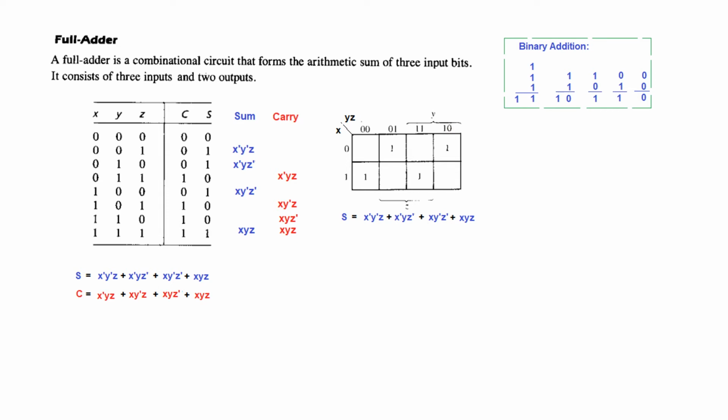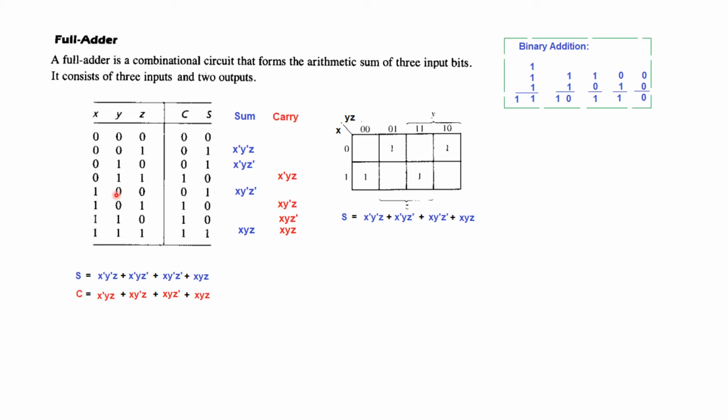Okay. And now let's plot the sum. For sum we have 0, 0, 1, first one. So we go to this here, from here we get 0 and 0, 1. So we put a 1 here. Similarly, 0, 1, 0 here, and this is 1, 0, 0.